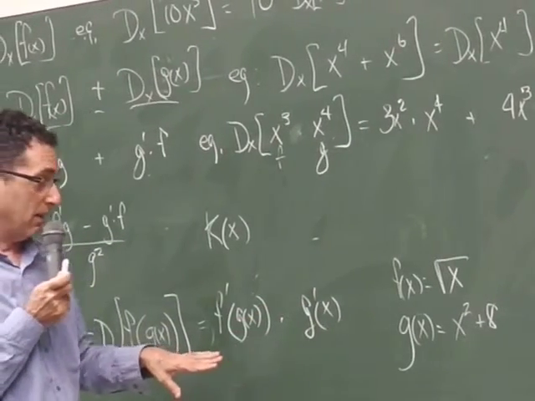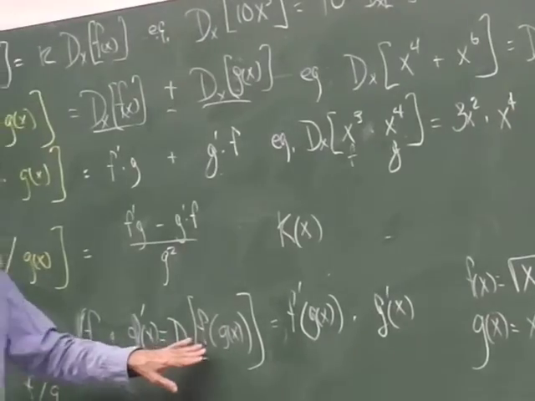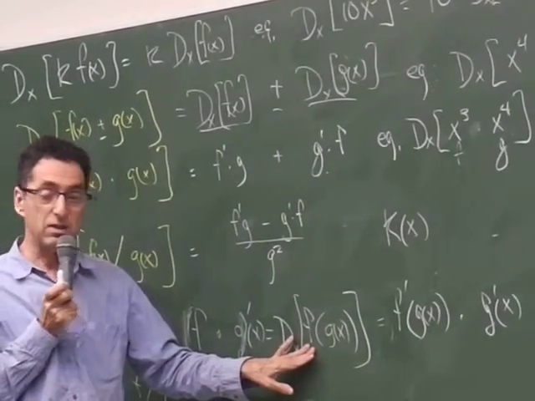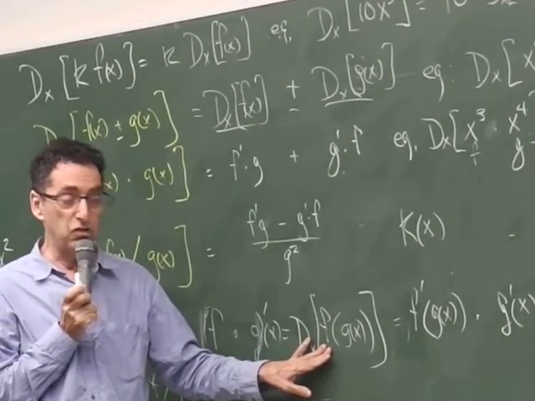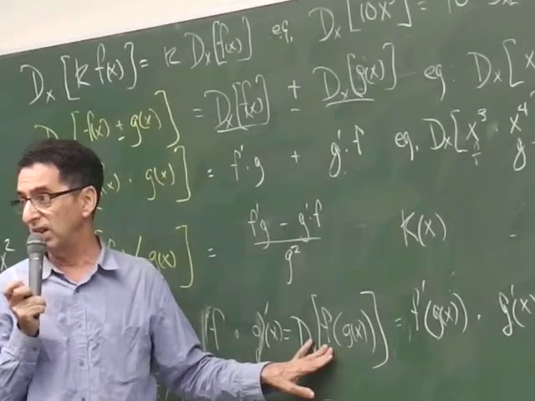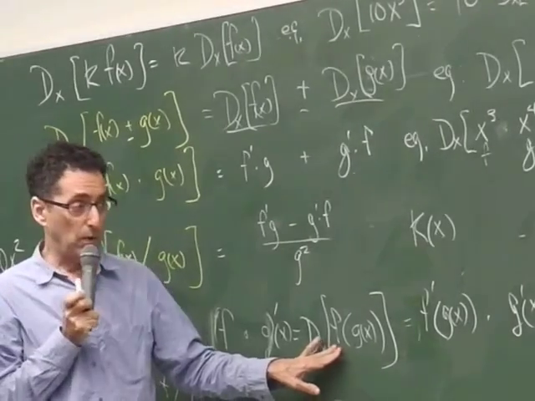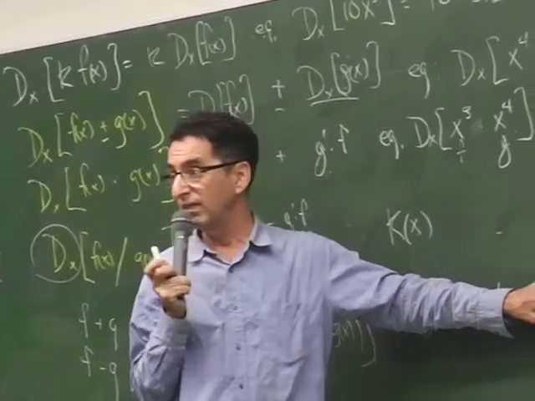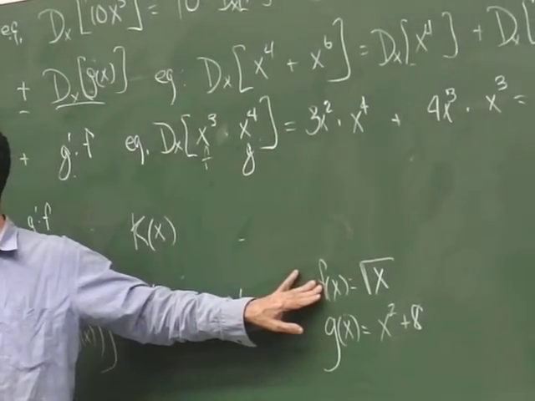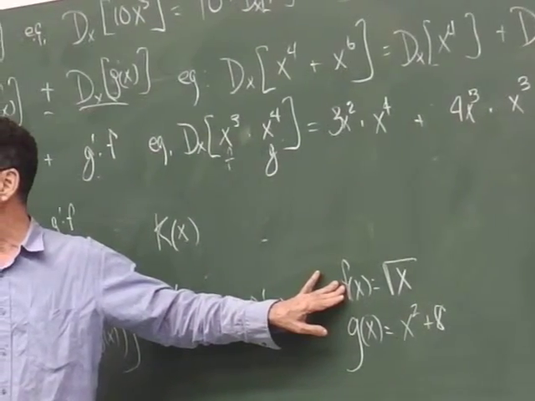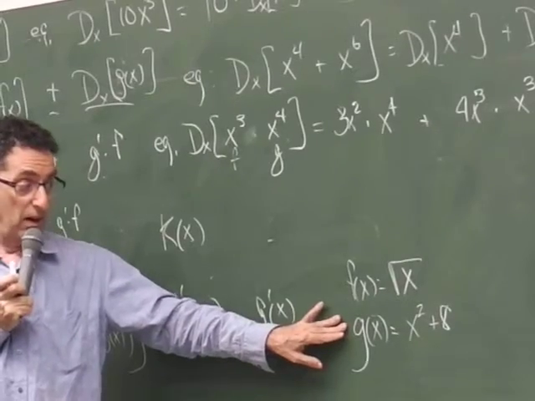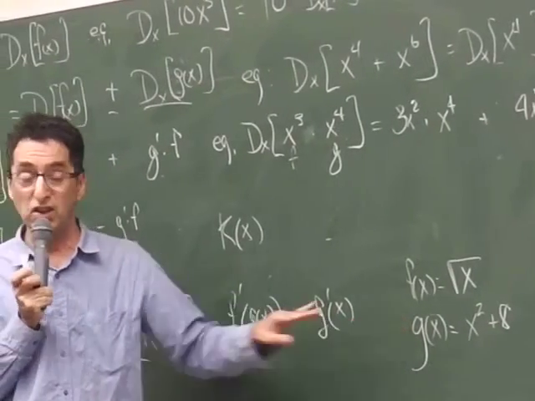Now let's get the expression first and then ask for the derivative. In other words, let's first write the question: what's the derivative of f of g? What is f? The square root of x. And what's g? X squared plus 8. So what is f of g?